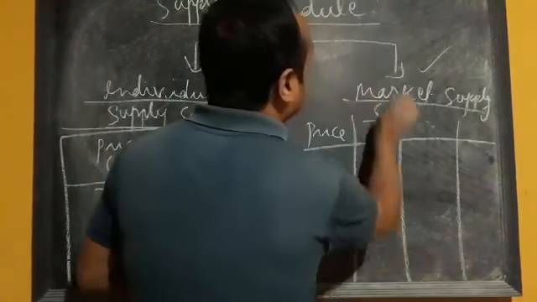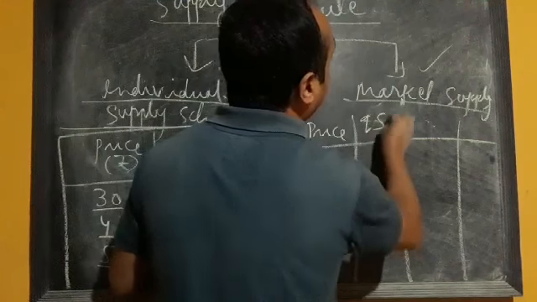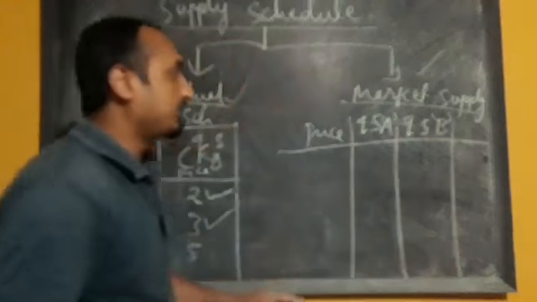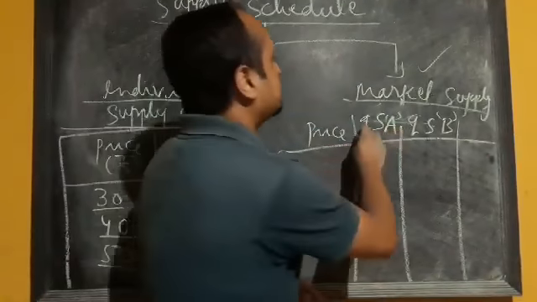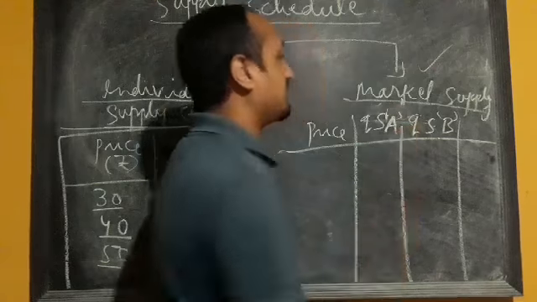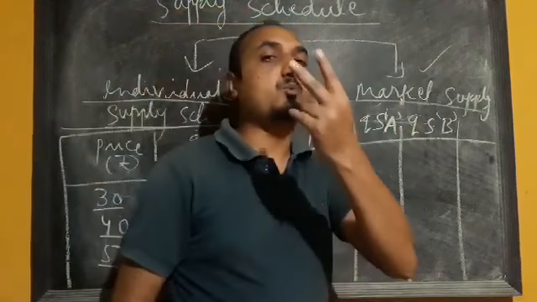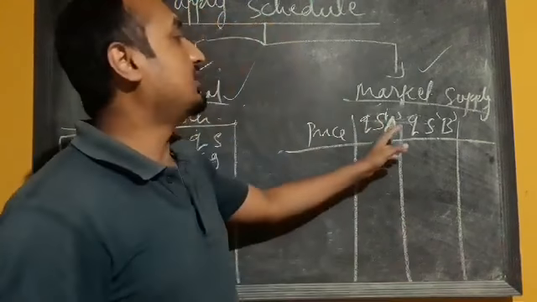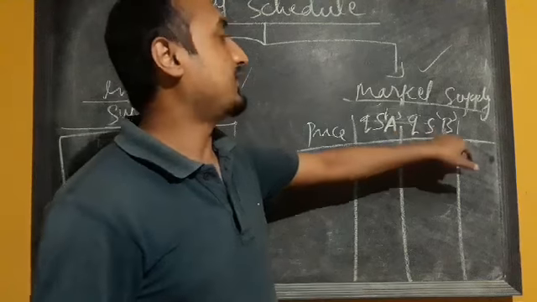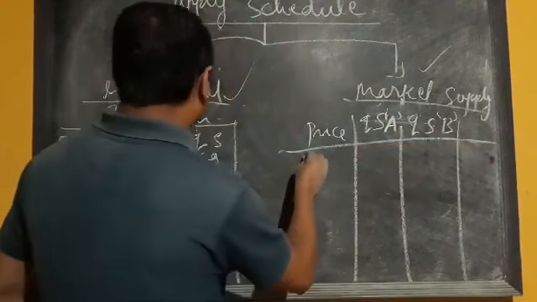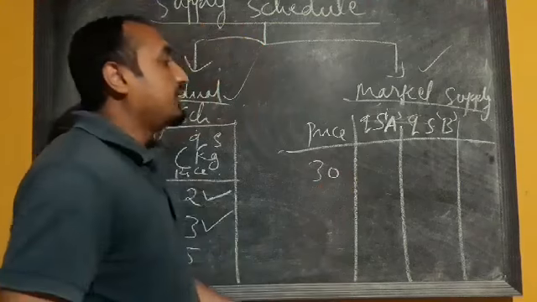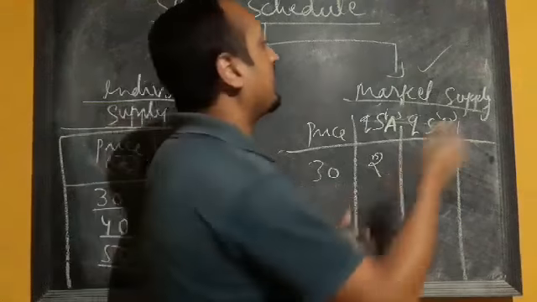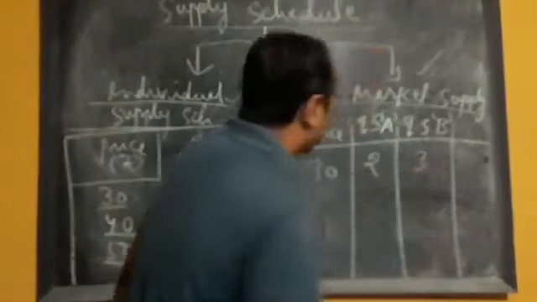Here we have price, the quantity supplied by producer A, and the quantity supplied by producer B. QSA means quantity supplied by producer A. Suppose in the market supply schedule we have two producers; it may be more, but for simplicity we are considering only producers A and B. When the price of rice is 30 rupees, the quantity supplied by A is 2 kg, and by B is 3 kg.